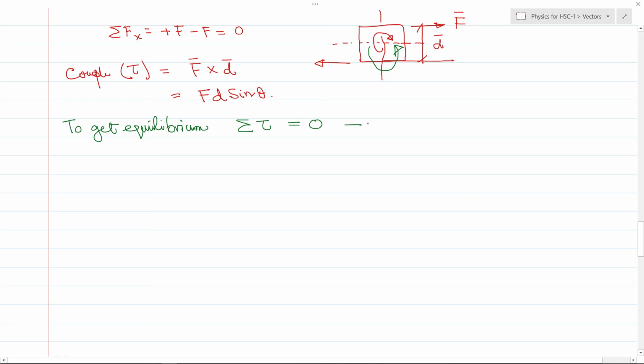So this is our condition number 2. We can say all the torques or all the moments should be equal to 0. This is called static equilibrium, that means when the body is at rest.